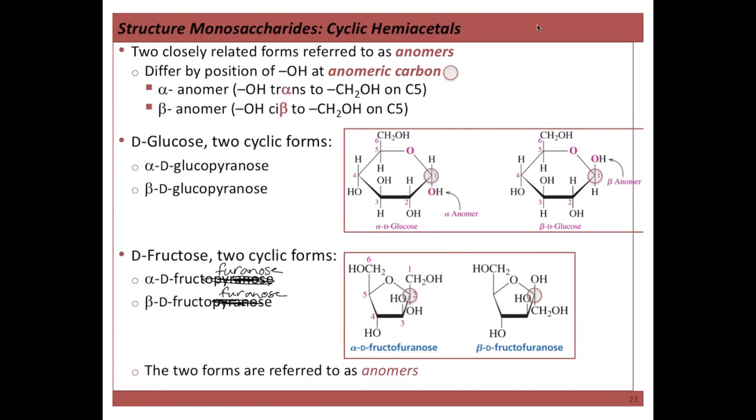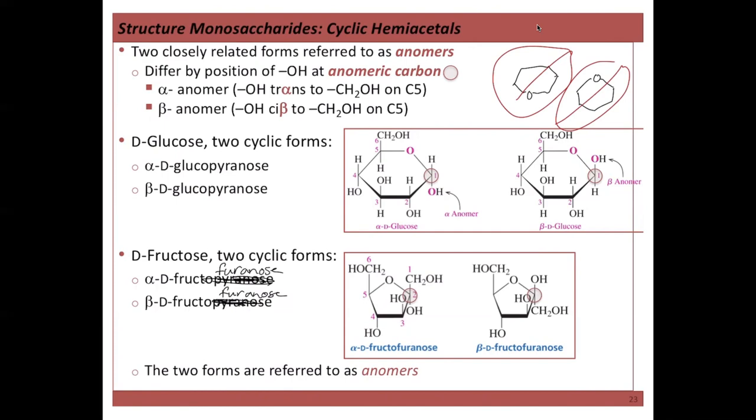And again, we can run with that as long as we're playing with D sugars and we draw them in this form. What I mean by that is don't start making up your own rules for drawing these and start drawing stuff like this for sugars. Okay, these are all bad. And everything I'm telling you right now may or may not be true if you decide to blaze your own path and draw the structures non-conventionally.